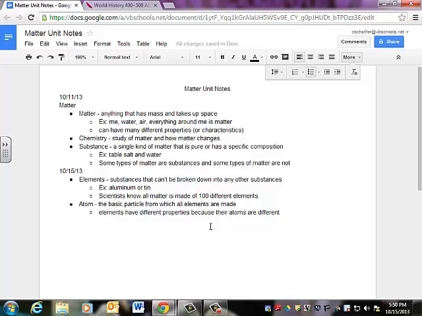So that is just a brief intro to elements and atoms and how they relate to matter. We are going to be discussing this way more in depth in class, and I have a lot of activities for us to be doing, but these are the notes that I expect you to have ready to go for class. And thank you for listening and participating in the notes section.